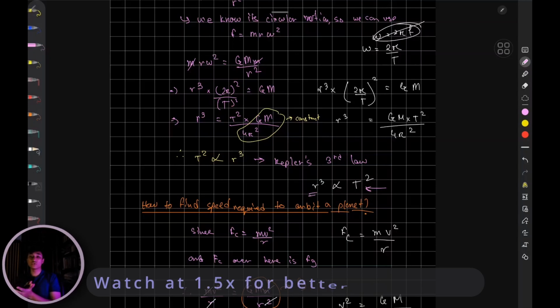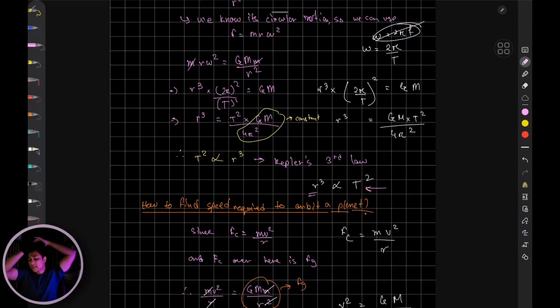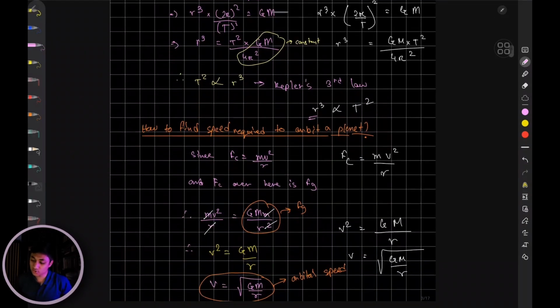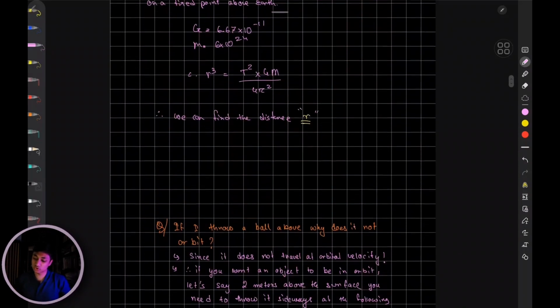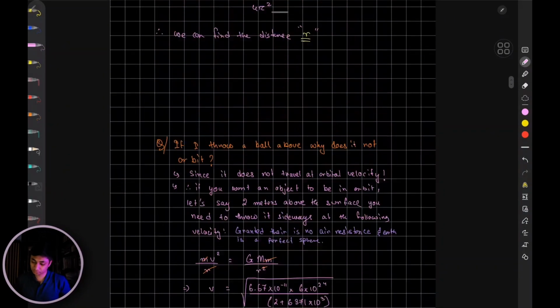So in our case, the satellite to remain in geostationary orbit needs to have a time period of 24 hours. So it needs to be at a certain separation away from the Earth's center such that this 24 hours of time period is achieved, right? So it needs to be at a certain altitude above the Earth's surface.